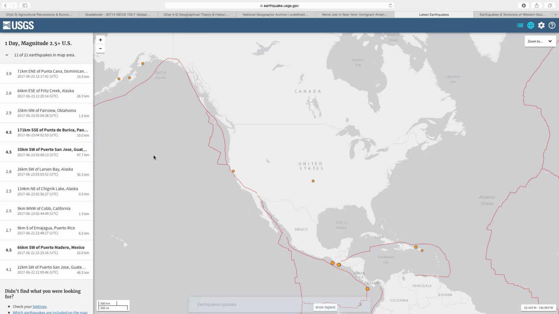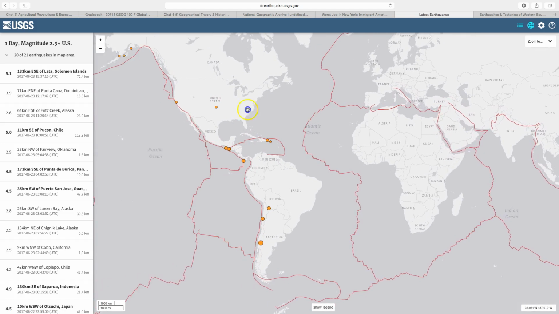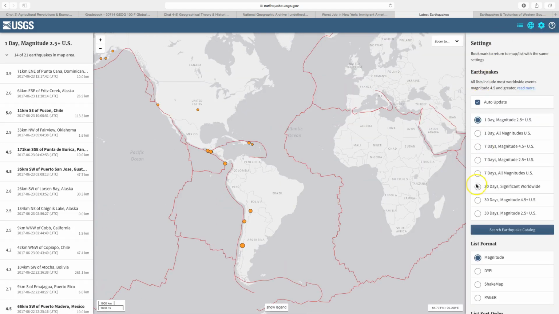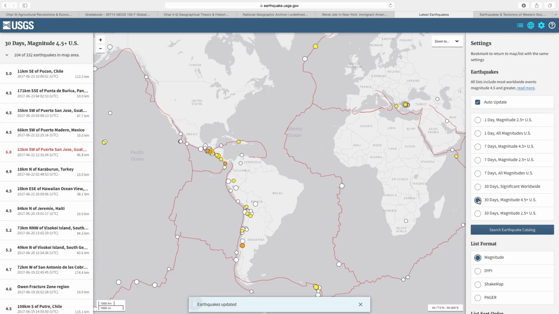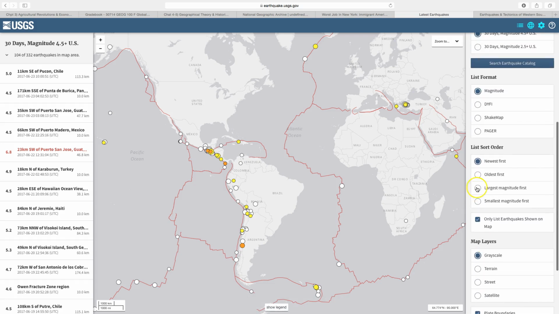And here we are. If you have not been to this website before, it is very interesting in that it has live data about tectonic activity in the world. Now let's take a look at the last 30 days with magnitude 4.5 or more, and let's organize our data with the largest magnitude earthquake listed first, and look at what we find.